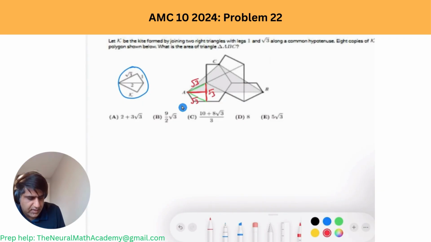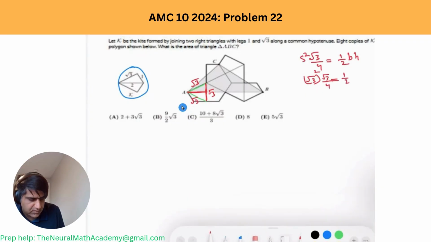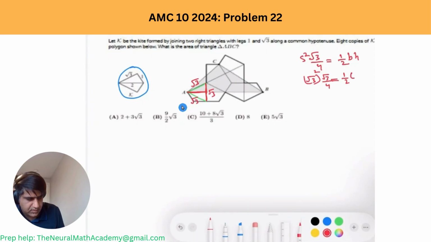So if I write the area of an equilateral triangle is equal to 1 over 2 base times height, and one side is square root of 3, then I can calculate the height by entering the value of the base.